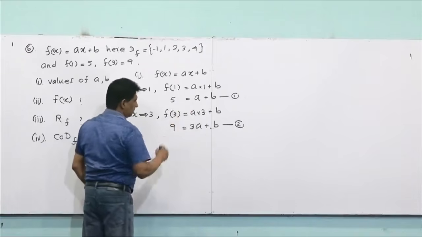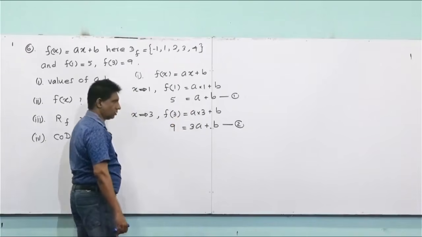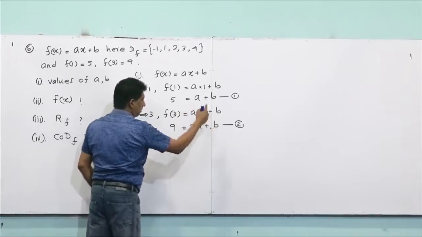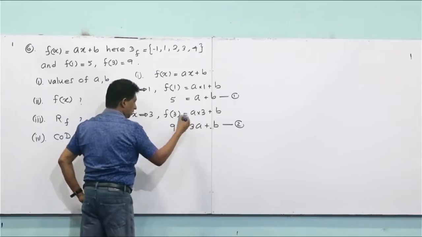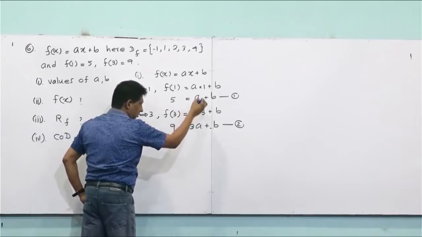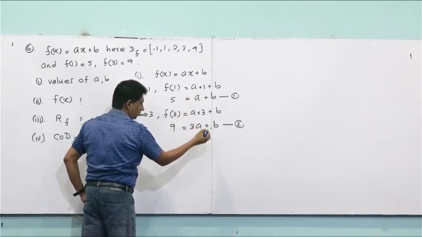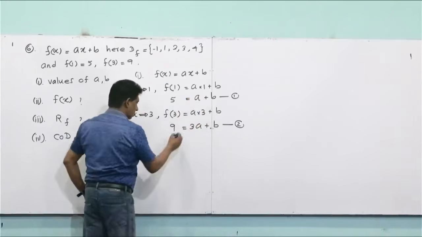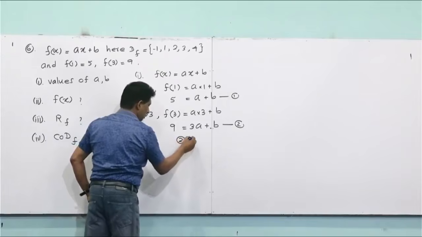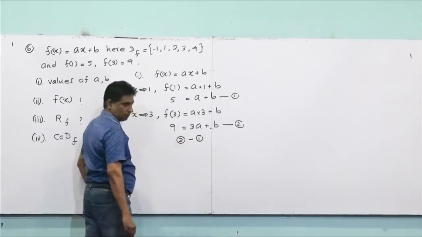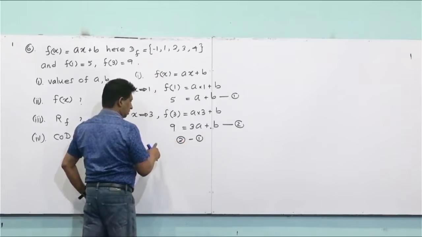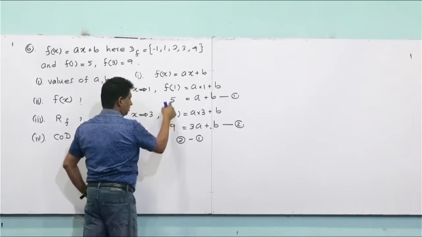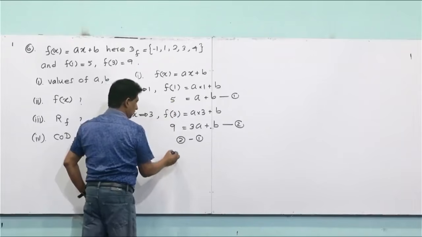We have to solve these two equations. How can we solve this? Here positive b, here positive b. What we have to do is subtract equation 1 from equation 2. On the left-hand side, from 9 we subtract 5, so 9 minus 5 means 4.